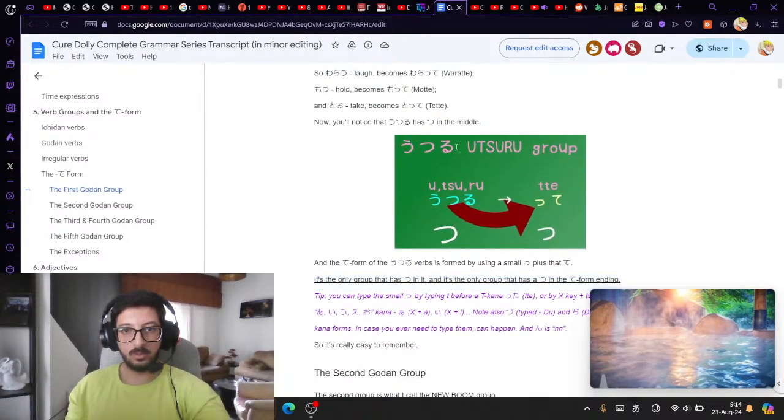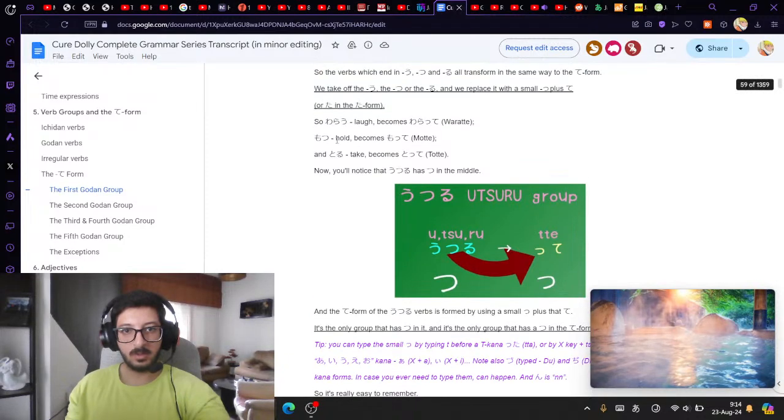Okay, so the utsuru verbs, you change the u, tsu and ru, and you add the chisai tsu and te for present simple, and ta for past simple. So warau becomes waratta, with a chisai tsu.